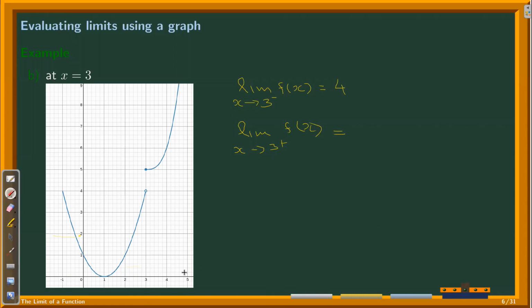Let's see. Here we start from here, getting close to 3. From this side, where is my function point? Okay. Thank you for the answer. And I'm starting from here, and this point keeps getting closer and closer to here.